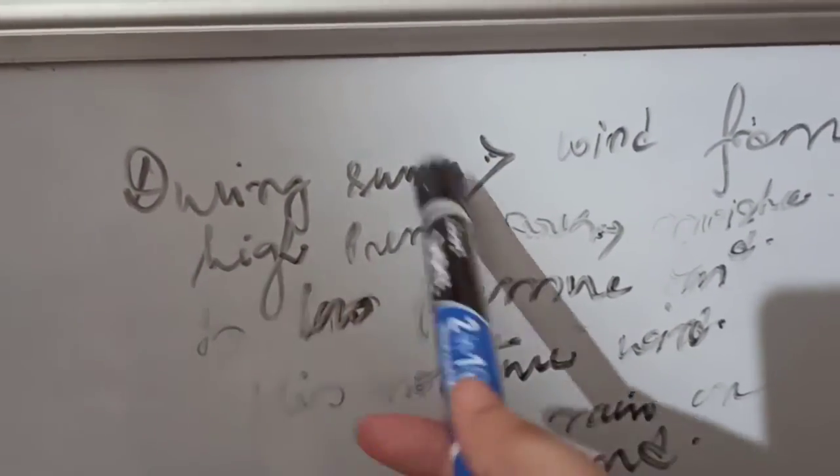That means the wind blows from the sea towards the land. As the wind comes from the sea, it carries moisture, and when it reaches the land, this moisture laden wind causes rainfall on the land.